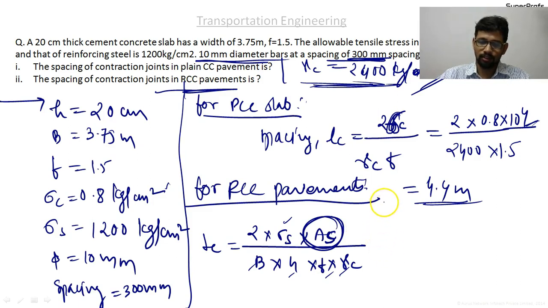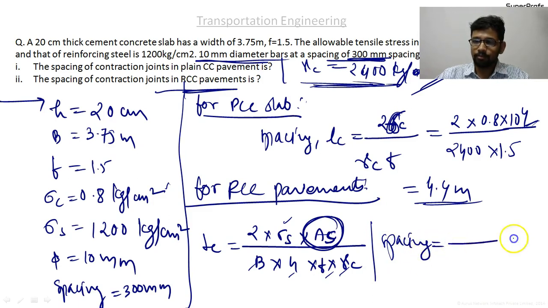If it is 1 meter width, then the formula is small ast upon capital AST into 1000. But in this case, our width is different, so in place of 1000 there will be 3750 mm.